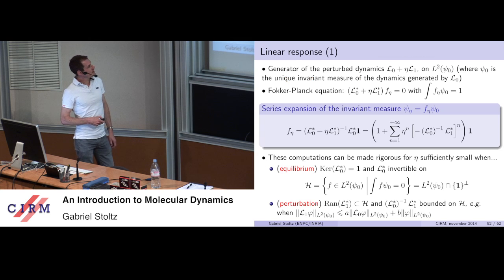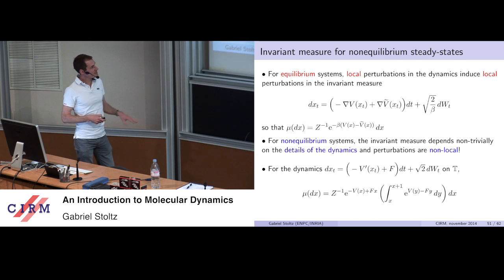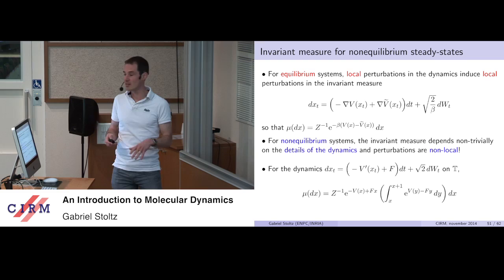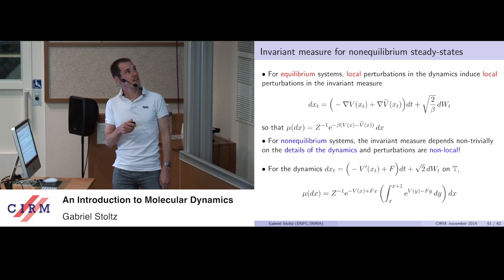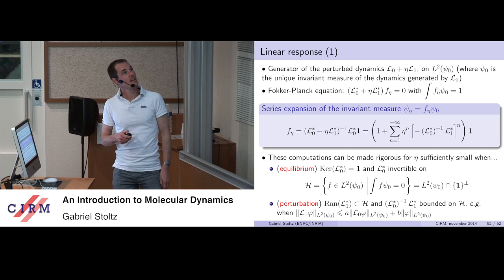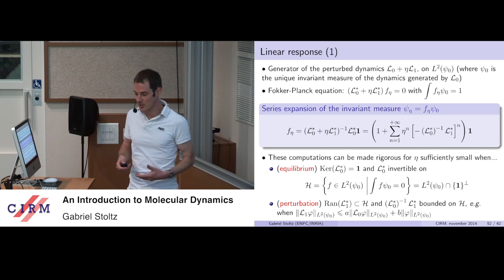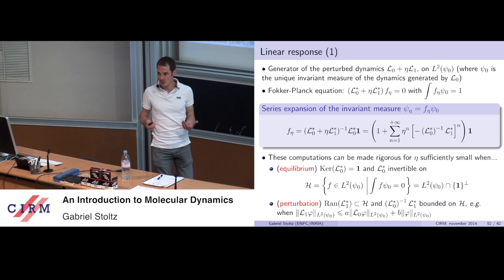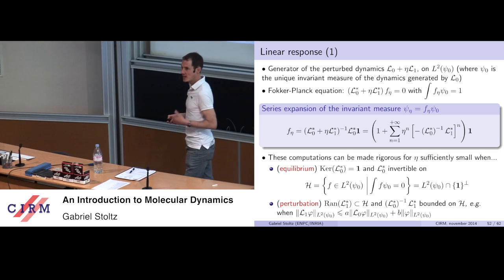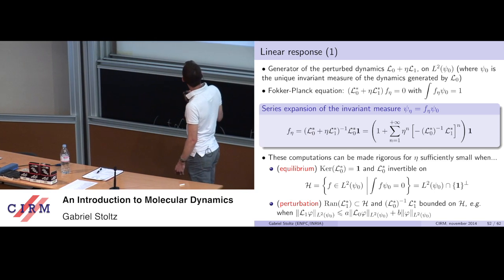So with this warning, the conclusion is that the invariant measure for a non-equilibrium system is complicated, and it typically does not have very simple forms like that. One way to say something about the invariant measure is to assume that the forcing is sufficiently small and to use perturbative expansions.